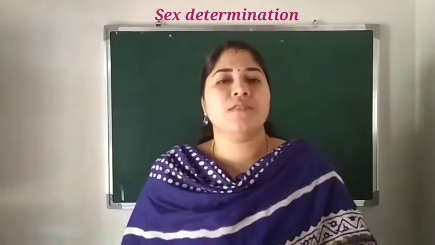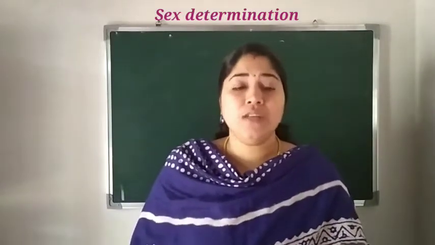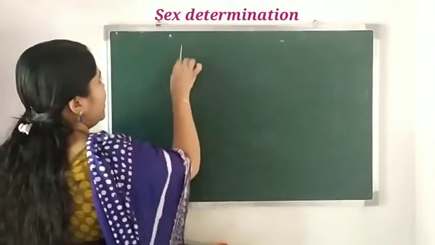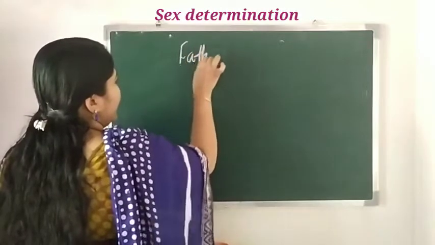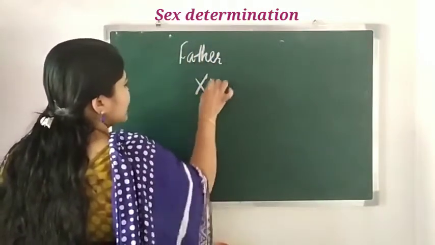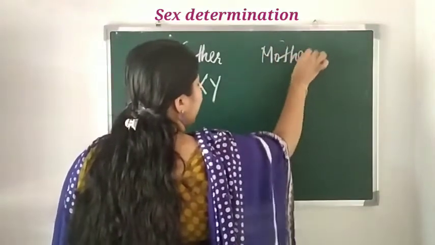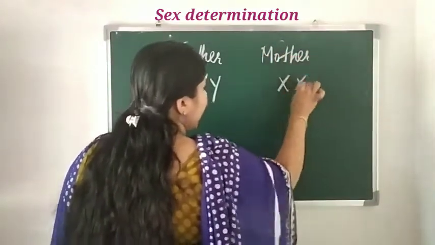So, during the process of reproduction, as you know, the sex chromosomes of the father are represented as XY, and the mother is represented as XX.